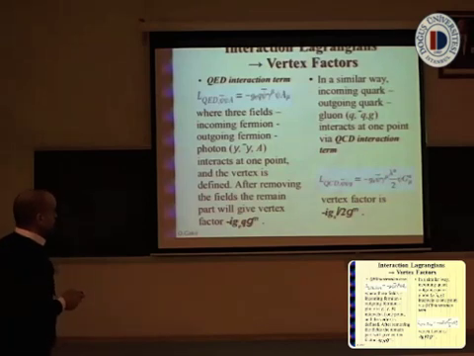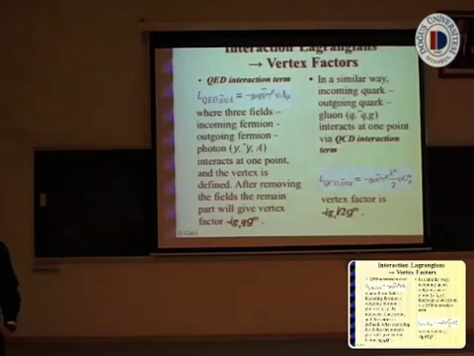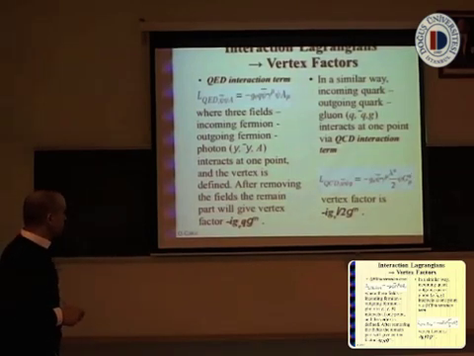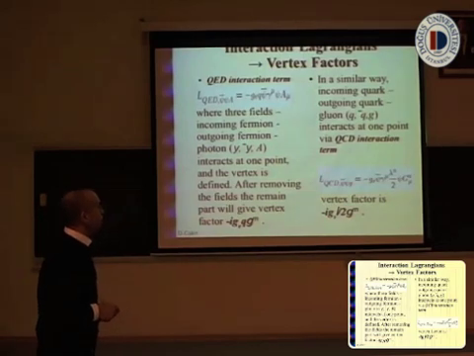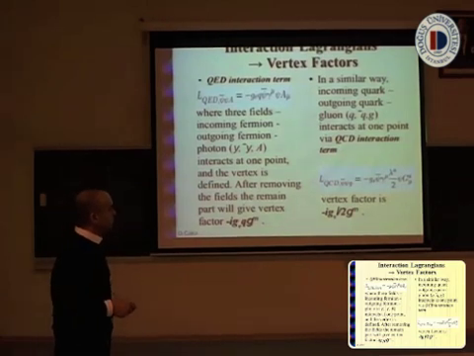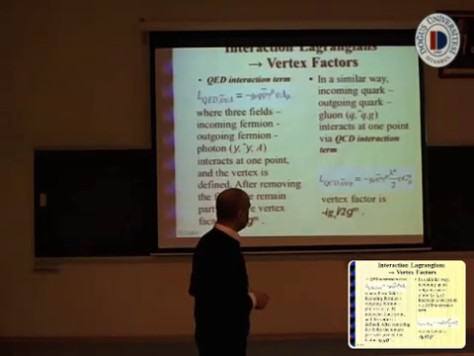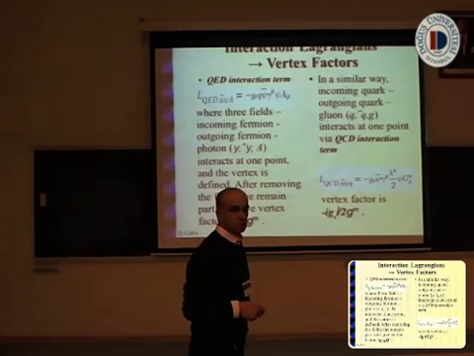So if we want the vertex factor from this interaction Lagrangian, then we can remove the fields and multiply the remaining terms by i. Then we will get the vertex factor here, minus i times g_e, Q, and the gamma mu. This is gamma mu. So this is valid in QED, but in QCD it has a different vertex factor because of the structure of the generators.